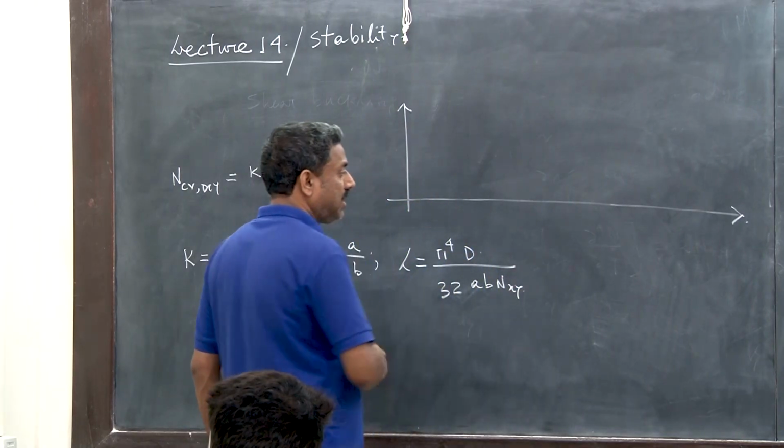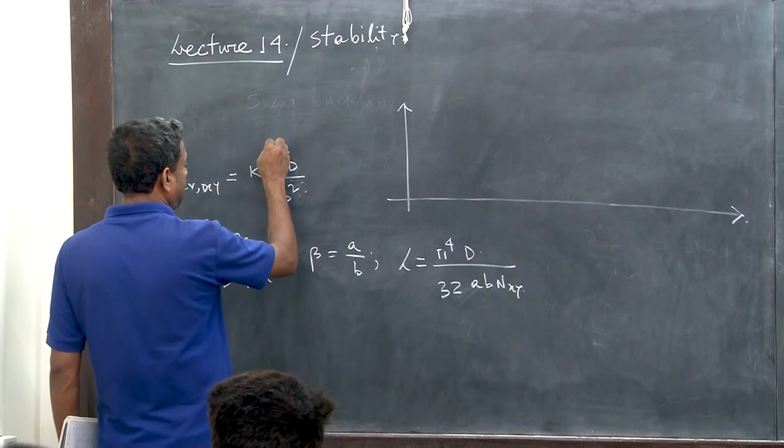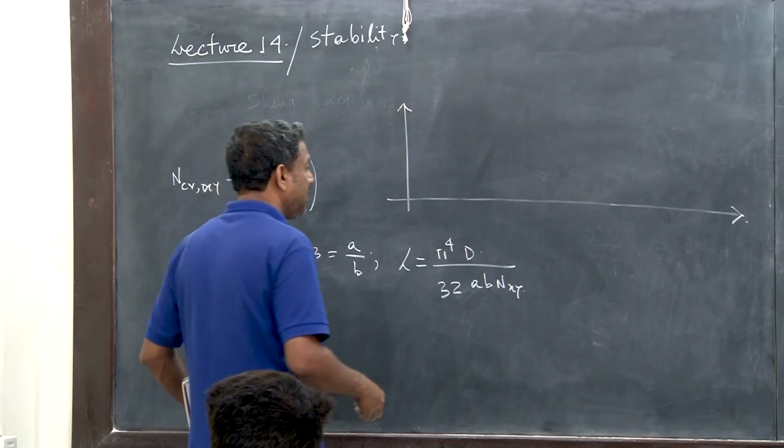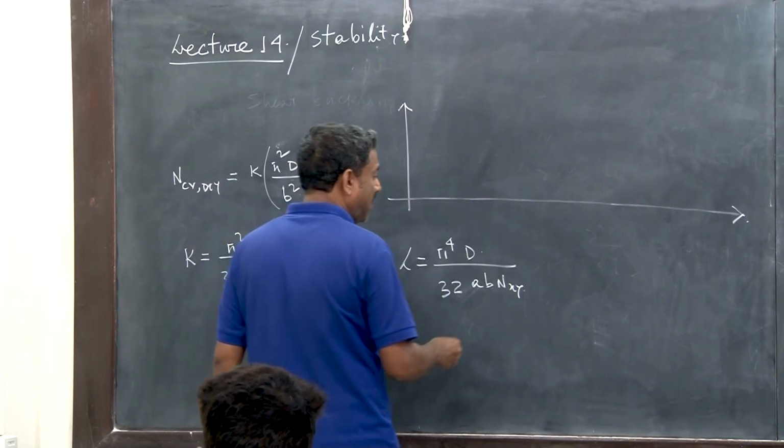So what I'm trying to say is that it can be expressed as something into pi square D by b square, okay. No k value, so I am just going to plot it over here, okay.